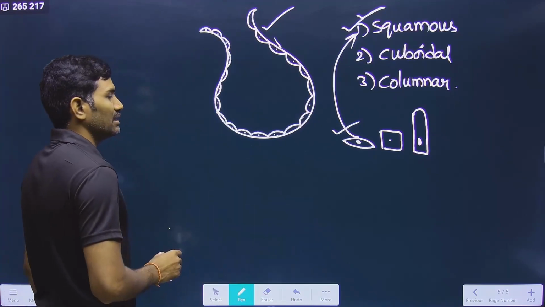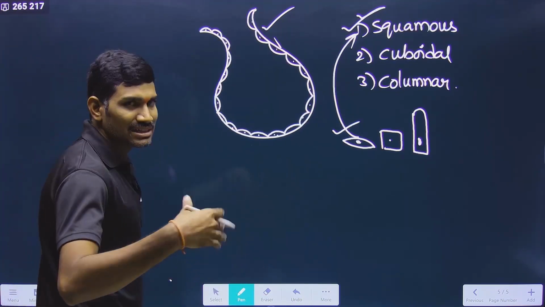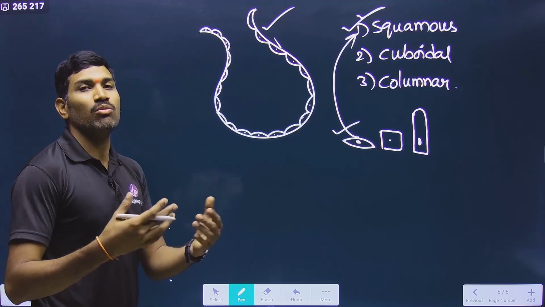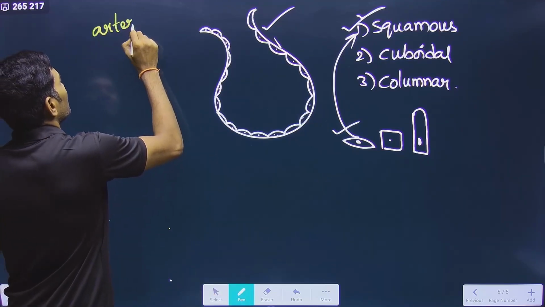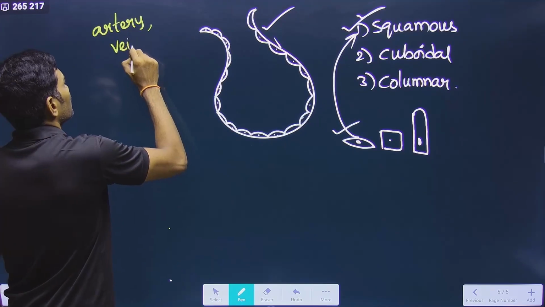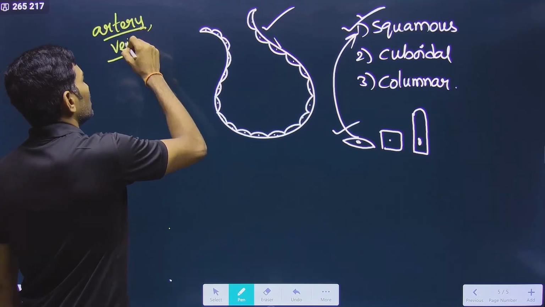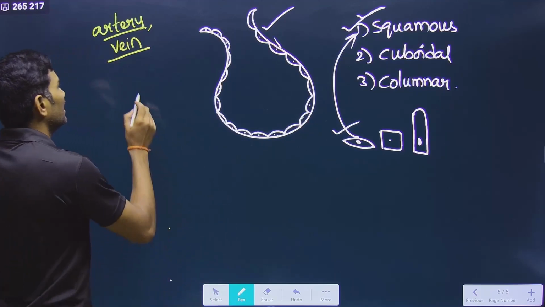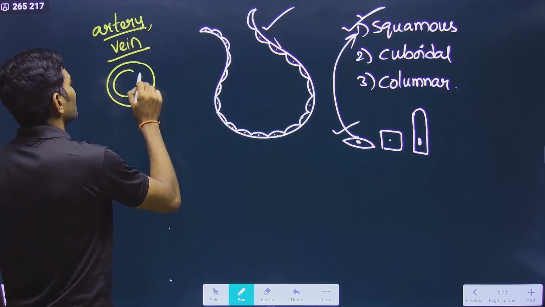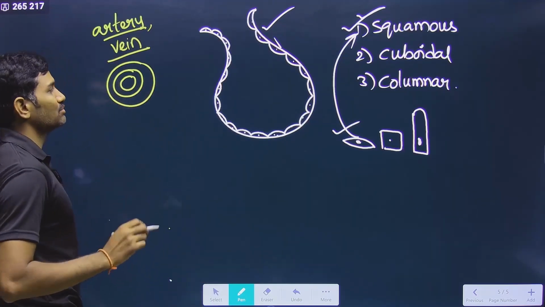The second important point is the blood vessel. In the next chapter, called body fluids and circulation, you will study about the arteries and veins. The cross section of artery and vein is anyhow in the syllabus, but in the next chapter we will study it. Actually it has three layers. Observe carefully.